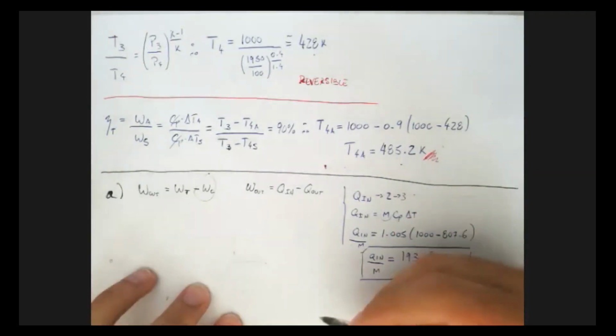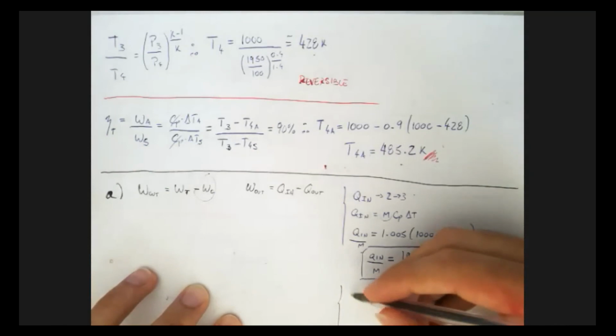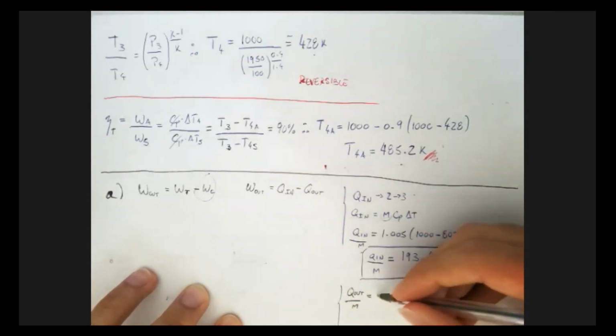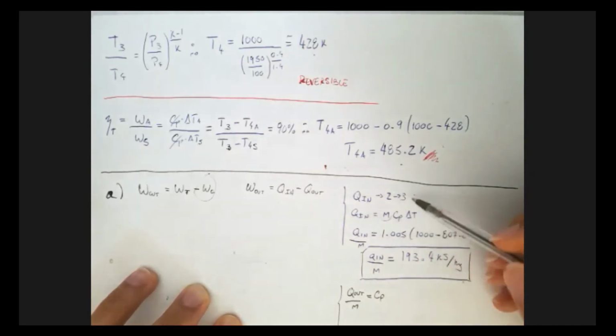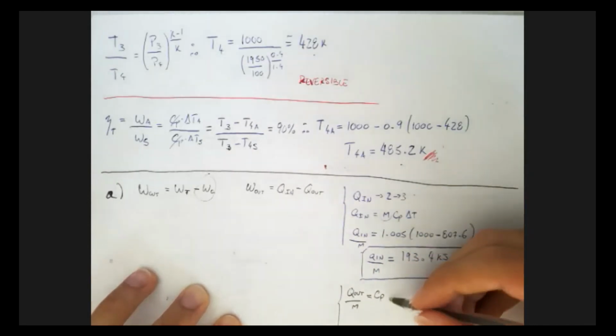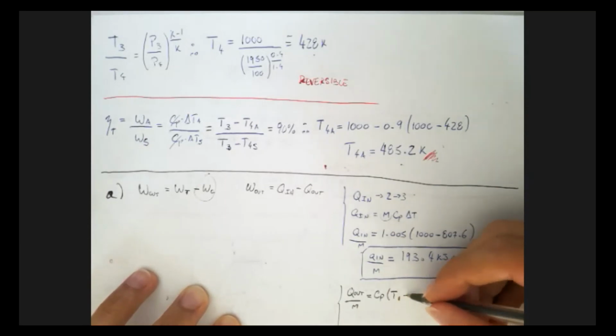And then if we want Q out, exactly the same process. Q out over mass will be Cp, but this time instead of going from 2 to 3, I'm going from 4 to 1, right? So T1 minus T4 or T4 minus T1, it doesn't matter, whatever you find easier. You can do 1 minus 4 to have a negative. It's up to you.